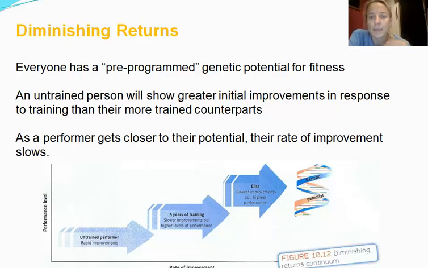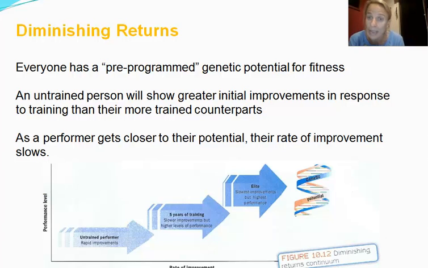Okay, diminishing returns. Diminishing returns is, simply put, the closer you get to your genetic potential, the smaller the gains you get. If you think of the Biggest Loser, the people that are overweight the most, when they start out their change of lifestyle and changing their eating habits, they lose a lot of weight very quickly.